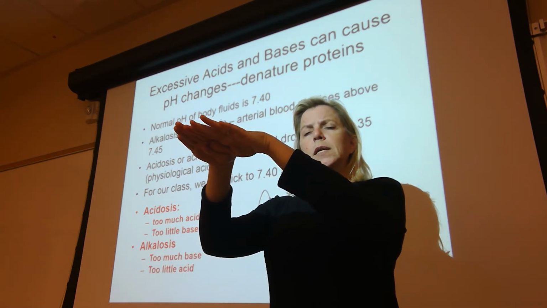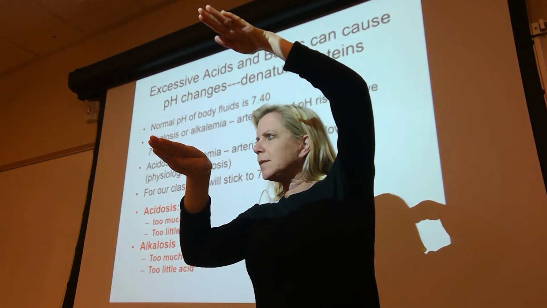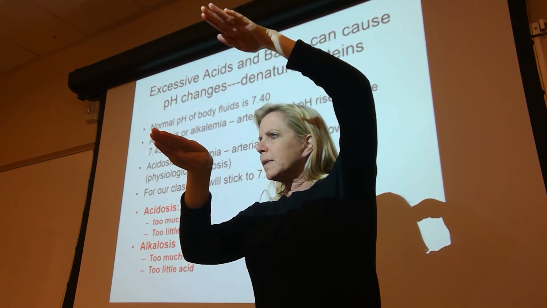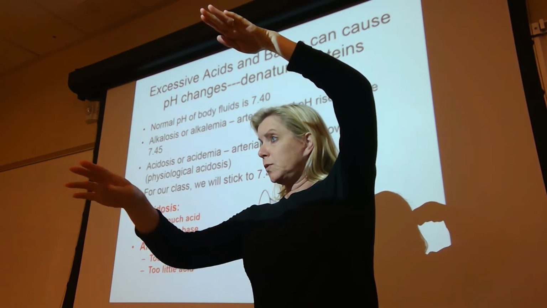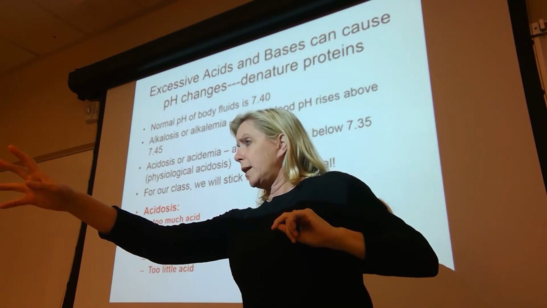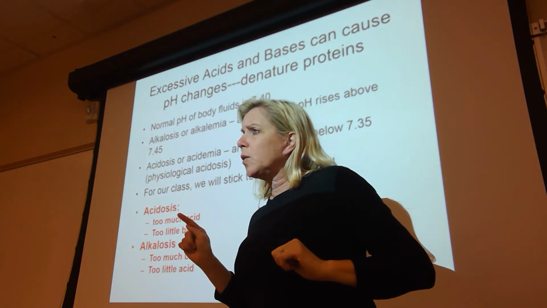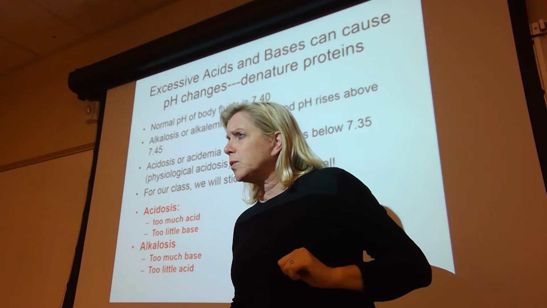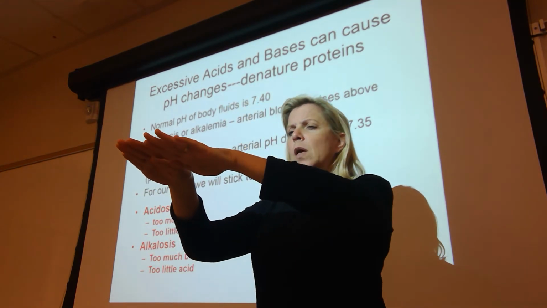Let's say you have acidosis from too much acid. What's the acid? Carbon dioxide. That's the one we're making the most of. Hydrogen is an acid, don't get me wrong, but in the Henderson-Hasselbalch equation, the acid was CO2. Remember, it was in the denominator. So that's our acid.